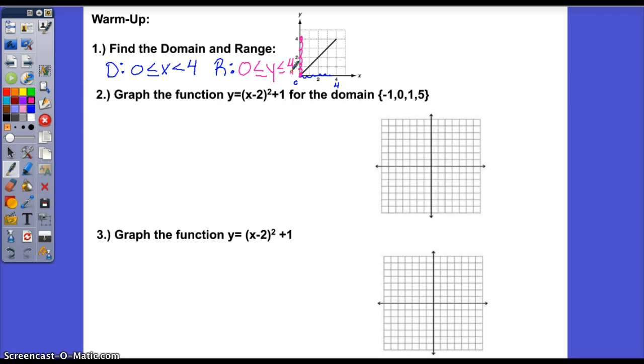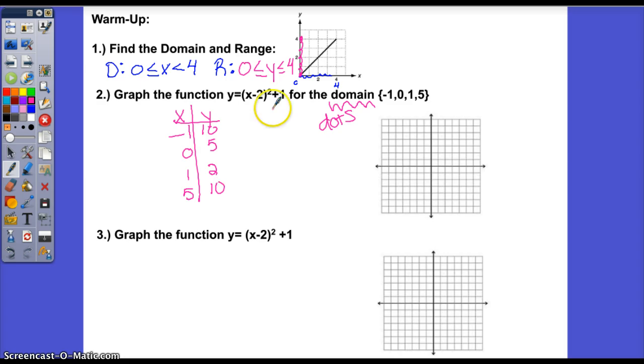Number 2 says graph the function for the given domain. Remember, domain means dots. After you substituted all of these values in, you should have had a table that looked like this: -1, 0, 1, and 5. And you got 10, 5, 2, and 10.